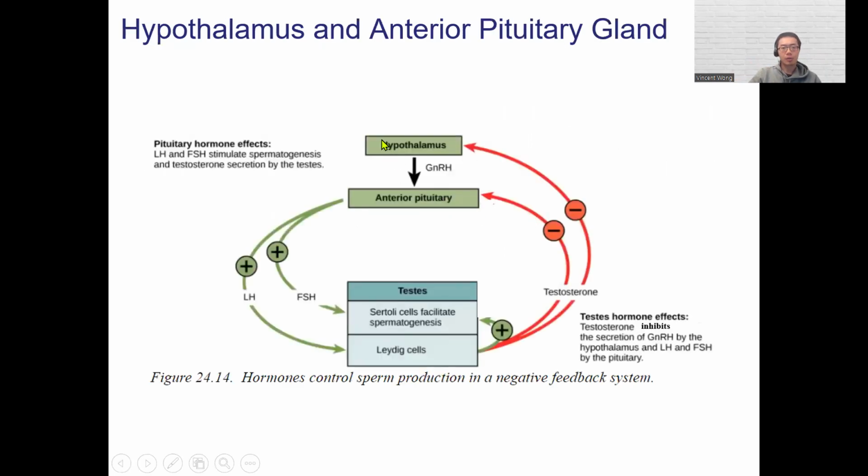Here's a picture that shows you what it looks like. The hypothalamus secretes GnRH. That causes the anterior pituitary gland to produce FSH and LH. FSH will stimulate spermatogenesis, and LH will stimulate the production of testosterone. Those interstitial cells have another name, Leydig cells, but we're just going to call them interstitial cells.